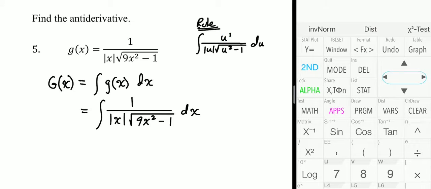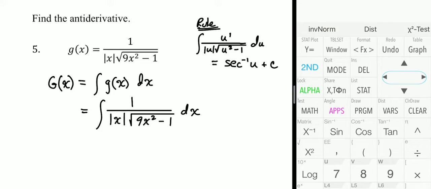That is going to give us the arc secant, or secant to the negative 1 of u, plus c. Basically I'm taking the derivative rule and rewriting it as a rule for integration. So what we need to do is somehow get this to fit that.